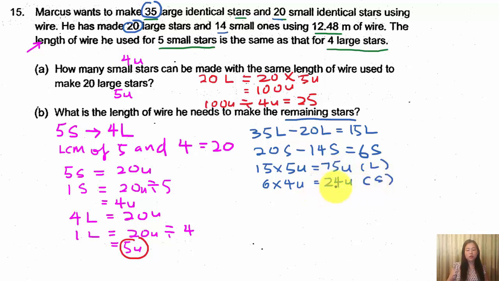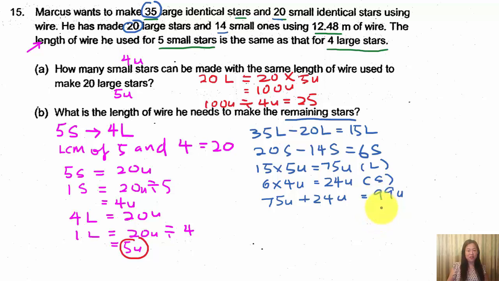So the total units of wire needed will be 75 units plus 24 units, which is equal to 99 units. But we have a small problem now.